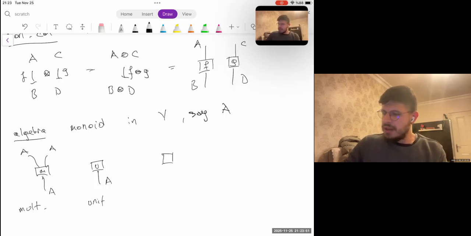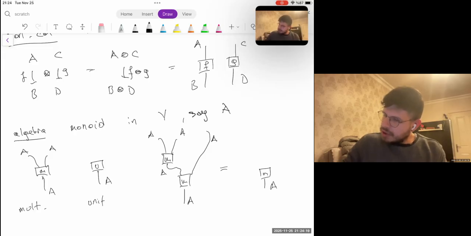And for example, how do we think about associativity? In a very simple way. We do a multiplication like this and then multiply again, and this should be the same as doing it backwards this time: I do a multiplication here.